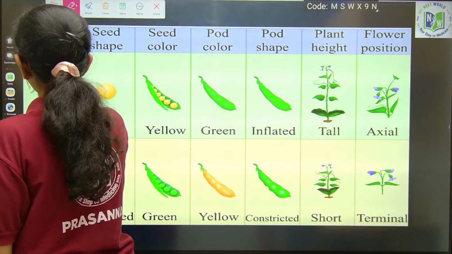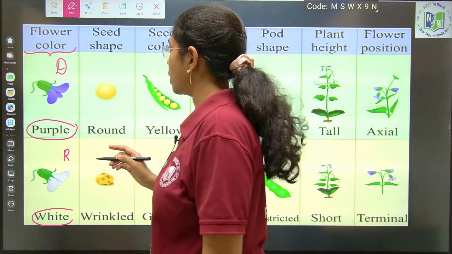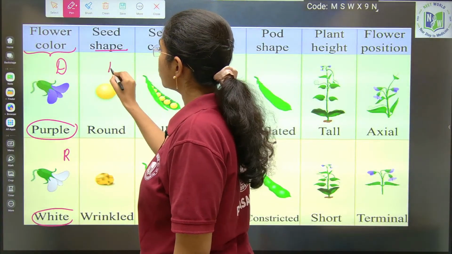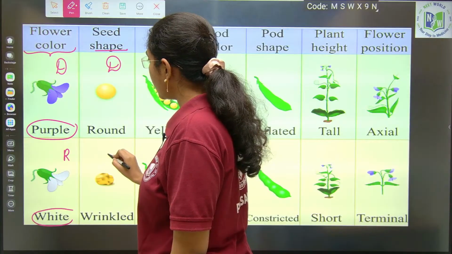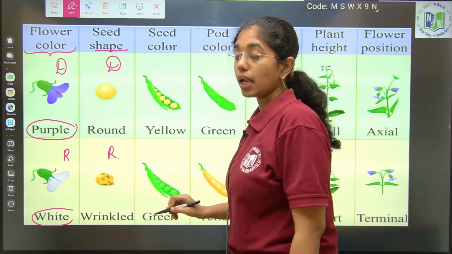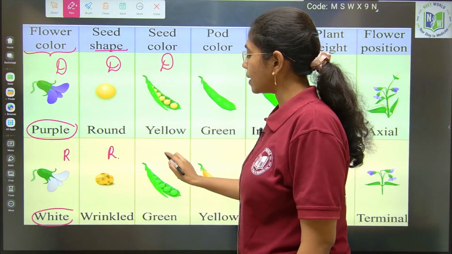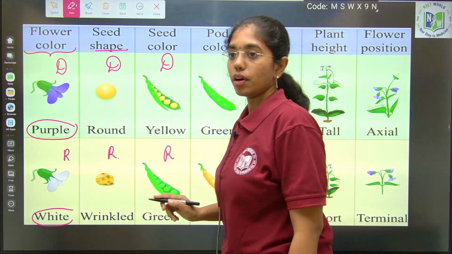Seed shape, round is dominant and wrinkled is recessive, okay. And seed color, yellow is dominant and green is recessive, fine, right.